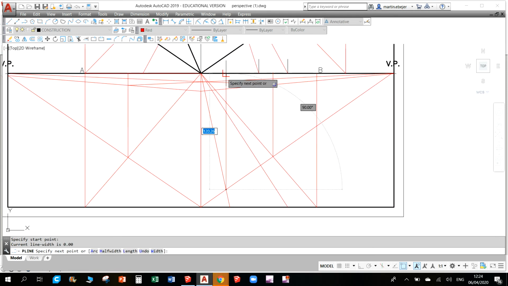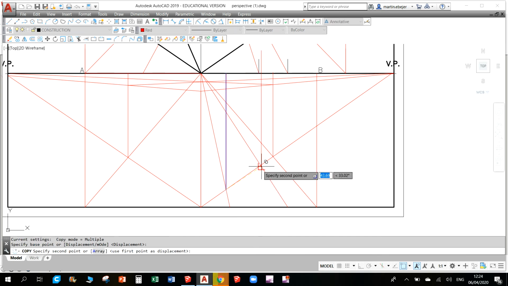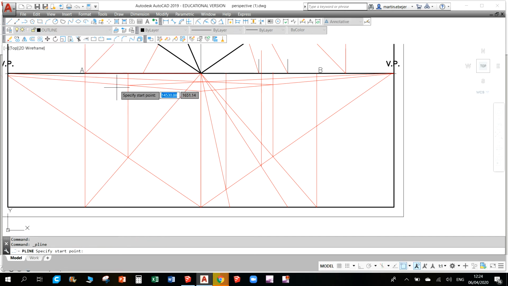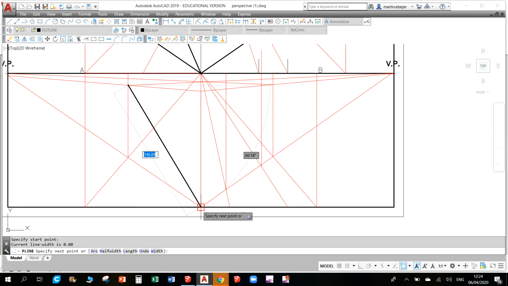From here I'm gonna draw a vertical line, and from here I'm gonna draw a vertical line. This is the section at the back, and this is the section in front. With the outline, with the pencil HB, you can join straight away from here till there.